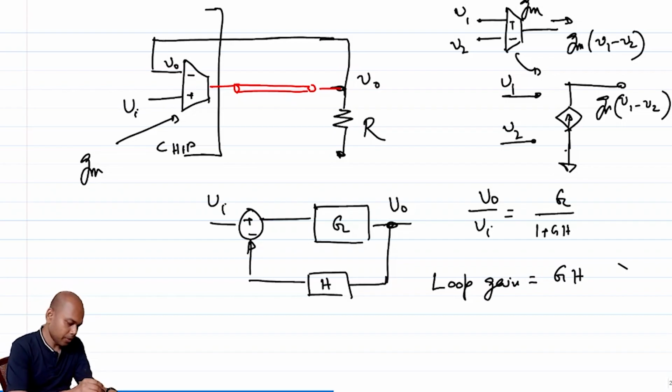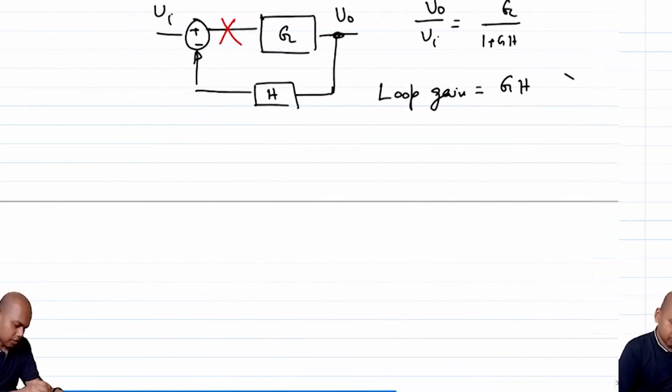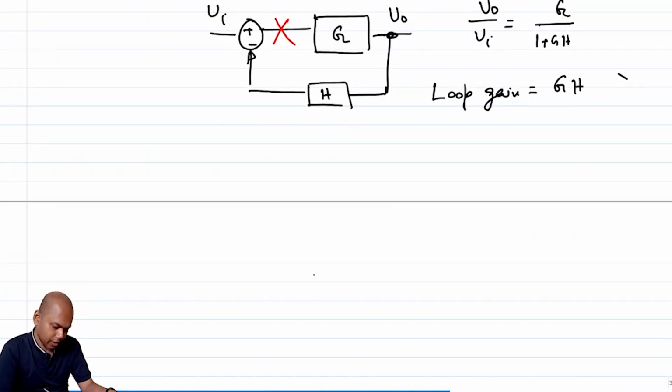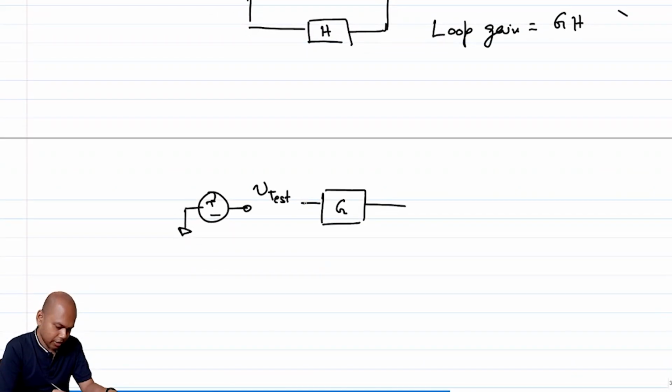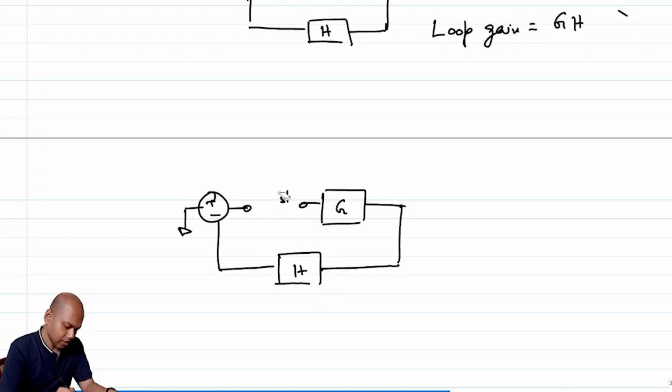How do I find loop gain? In order to find the loop gain, I need to break the loop somewhere. Let's say I break the loop here, and apply a test voltage. And I desensitize the input. That is also an important part. I desensitize the input and see what comes back, in a very heuristic sense.